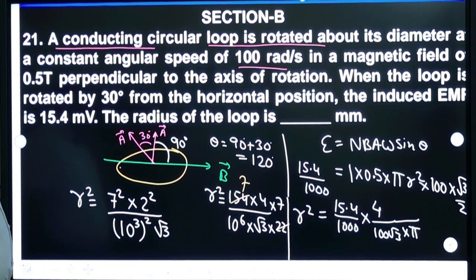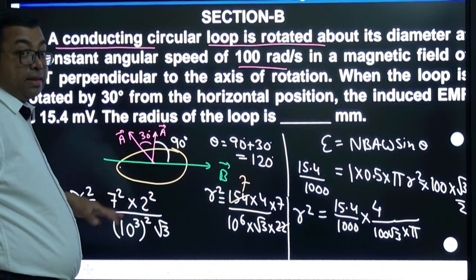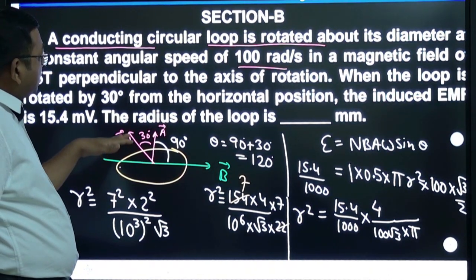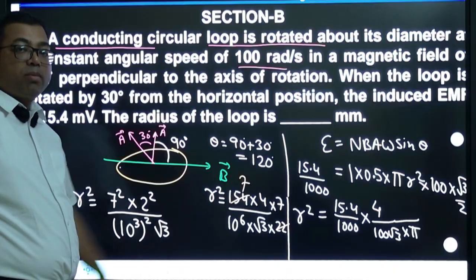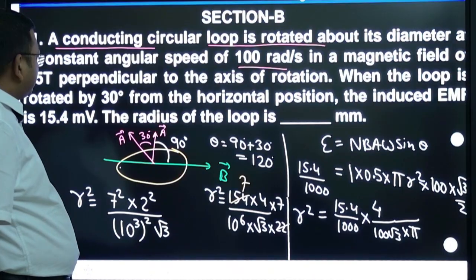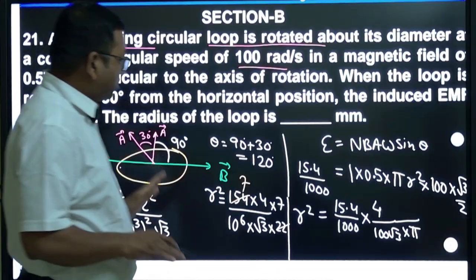So horizontal position means that loop, we are interpreting it like that the loop is initially horizontal. If the loop is initially horizontal, so initially it will be making 90 degree with that. So I think there is a confusion in the question, that clarity is not there.